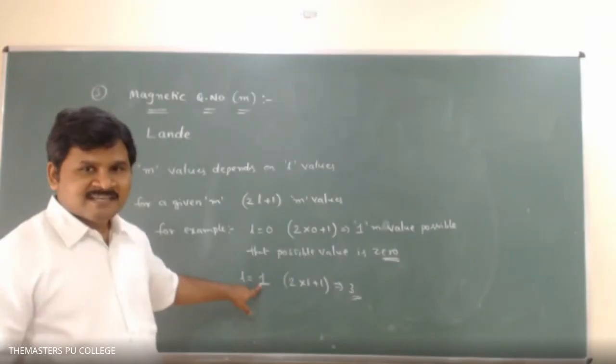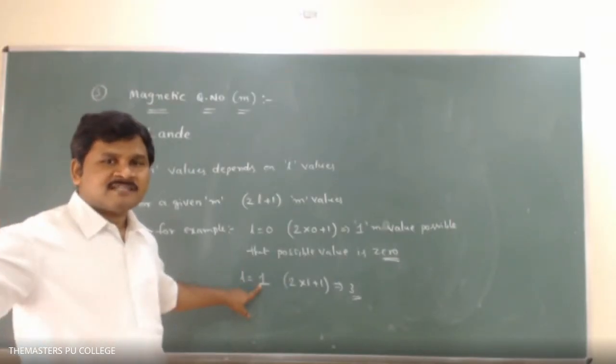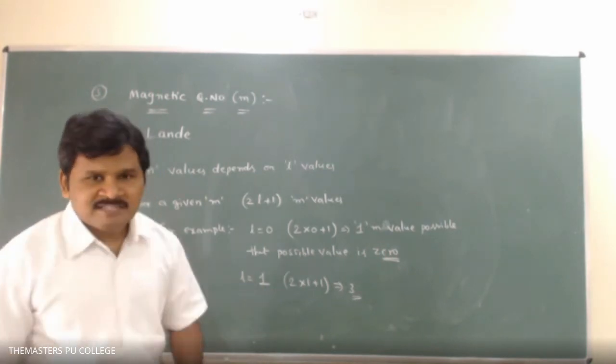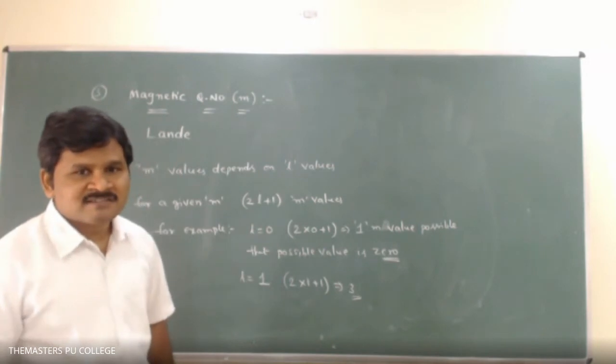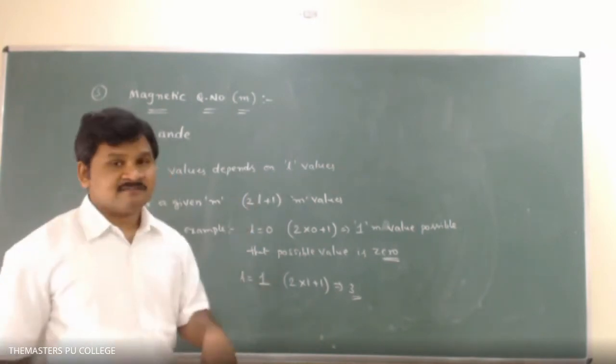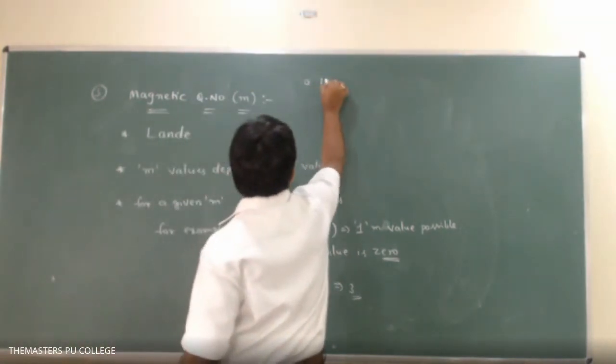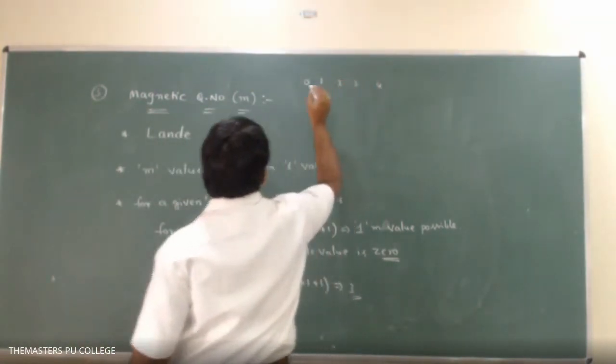L is equal to 1 is there. Plus 1 to minus 1, how many possible values are there? Say plus 1 to minus 1, all possible values. Better to remember: ... minus 4, minus 3, minus 2, minus 1, 0, 1, 2, 3, 4.